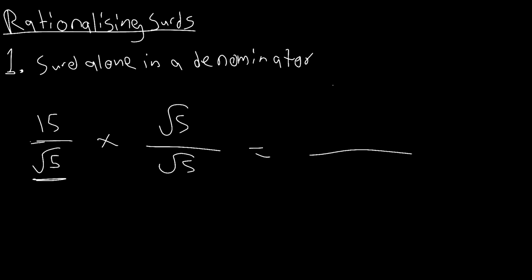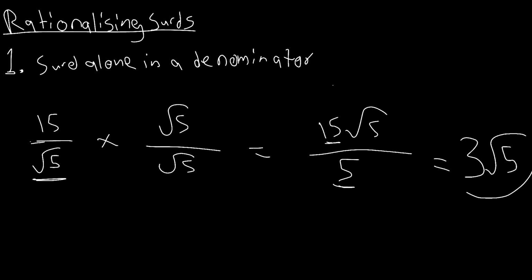That just gives me 15 root 5. And then root 5 times root 5 just gives me root 25, which is just 5. Now, to simplify this even further, we can actually simplify this 15 over here by this 5. So 15 divided by 5 gives me 3. And therefore, my final answer is 3 root 5.